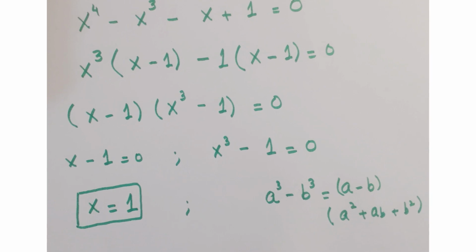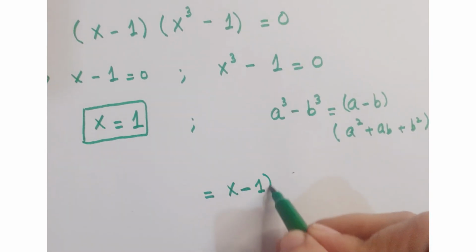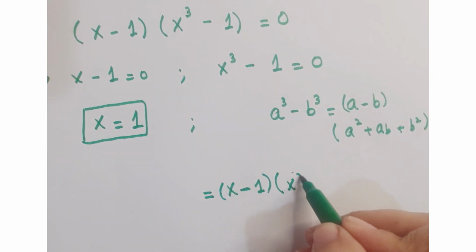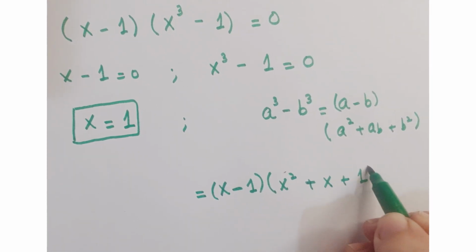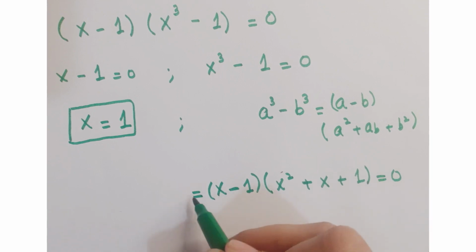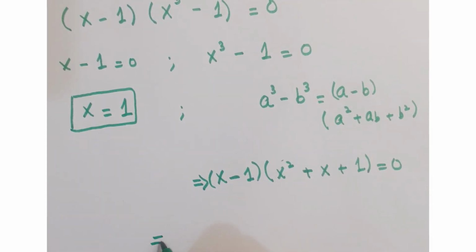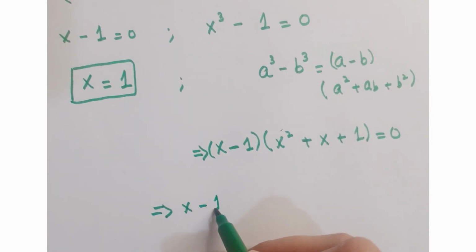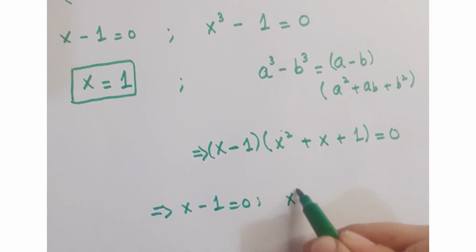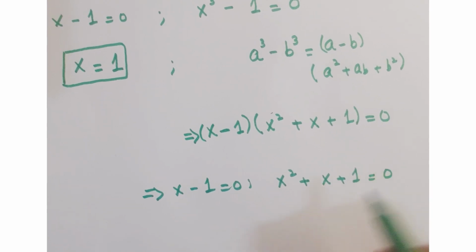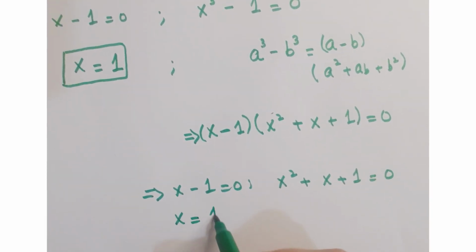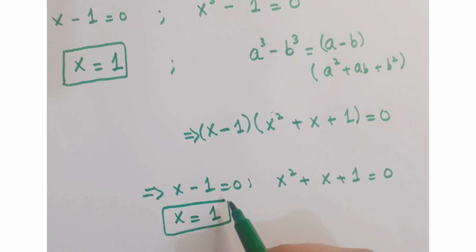So we get x minus 1 into x square plus x plus 1 is equal to 0. So this implies x minus 1 is equal to 0, or we have x square plus x plus 1 is equal to 0. Here we get x is equal to 1.